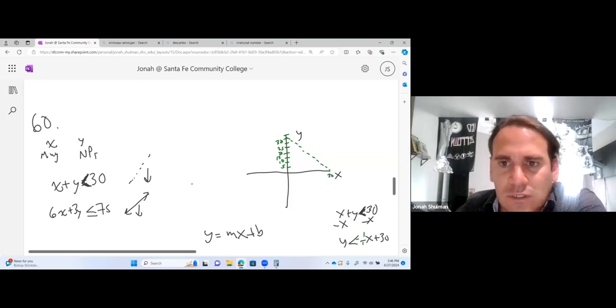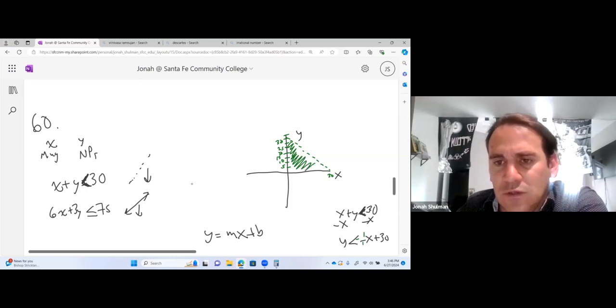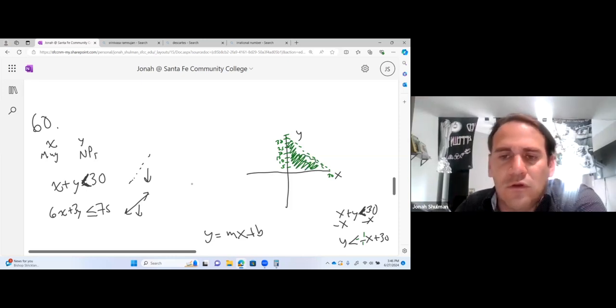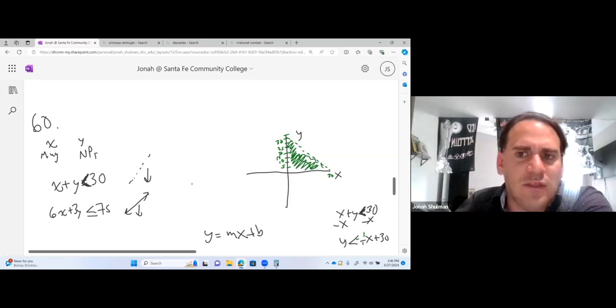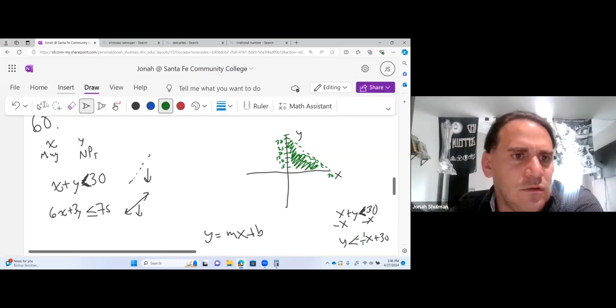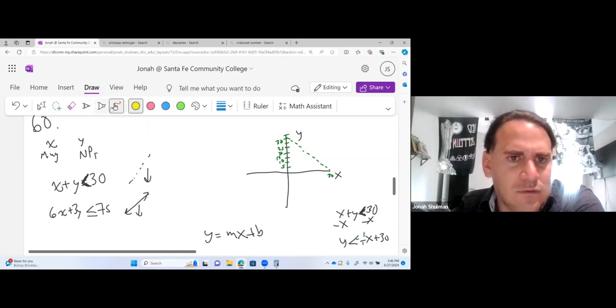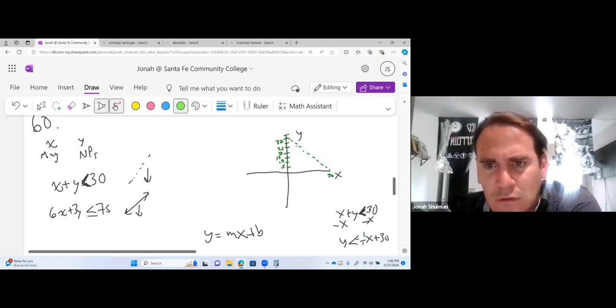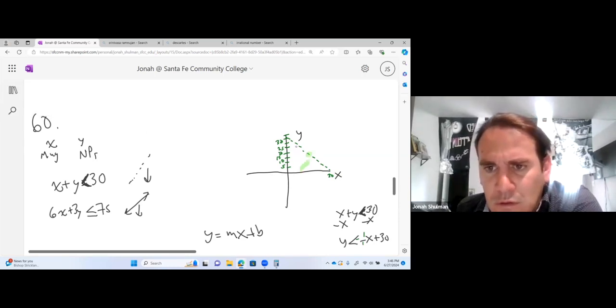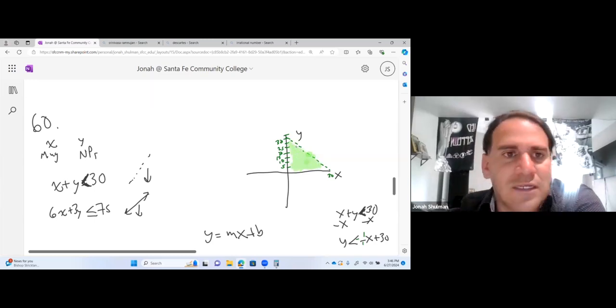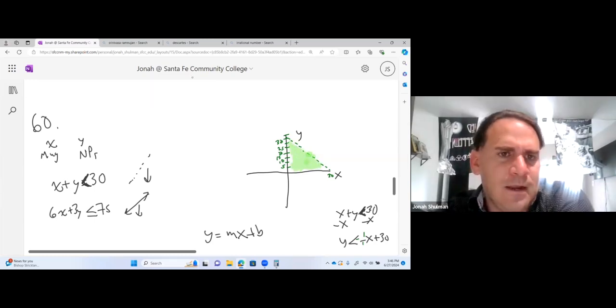And I got to color this in. Here's the first one. That's our first graph. Cool. Actually, I think I have a highlighter. So we're going to highlight. That's the first part, under the line and it's dotted.